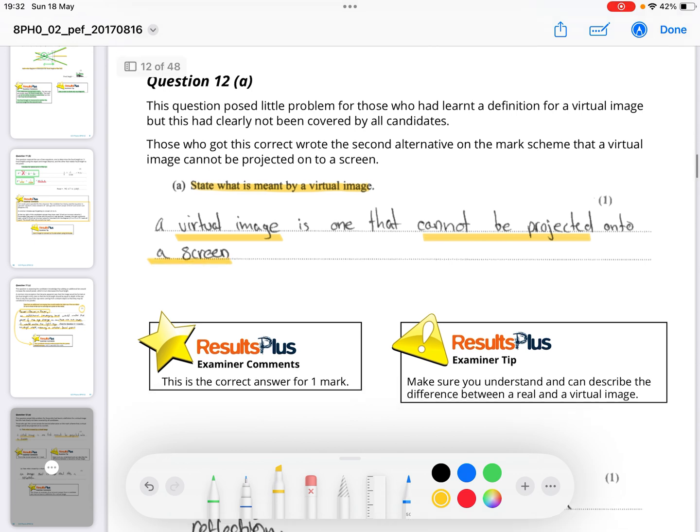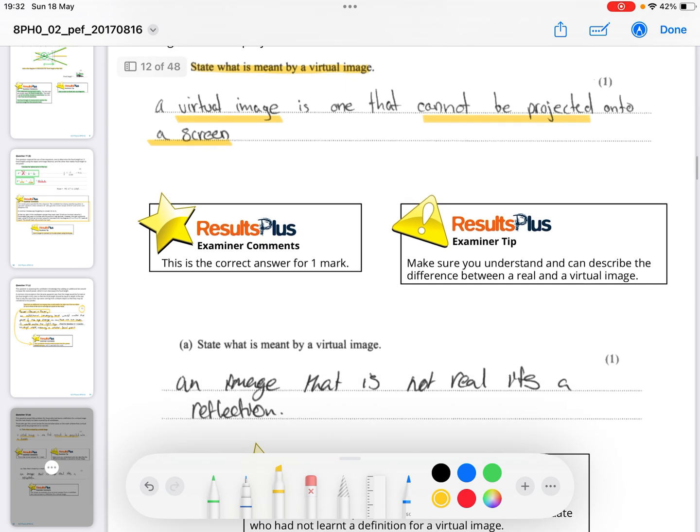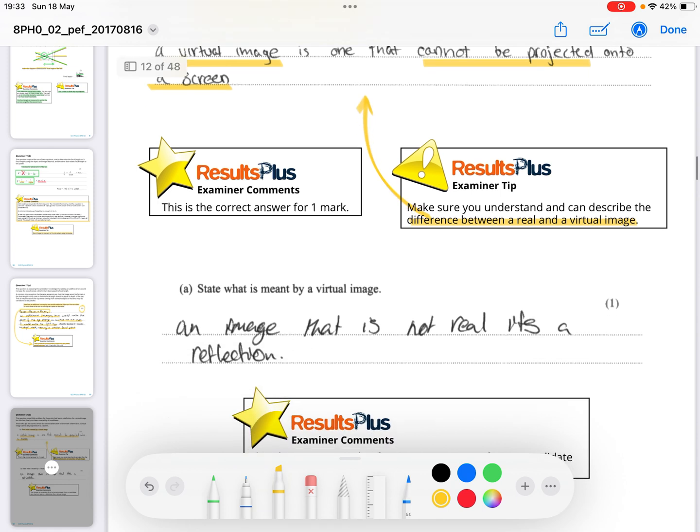So that's the easiest way of remembering it. Make sure you understand and can describe the difference between a real and virtual image. You can just use this definition if it's a 1 marker.